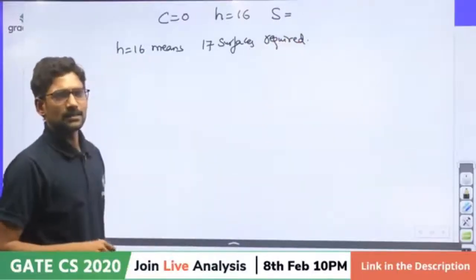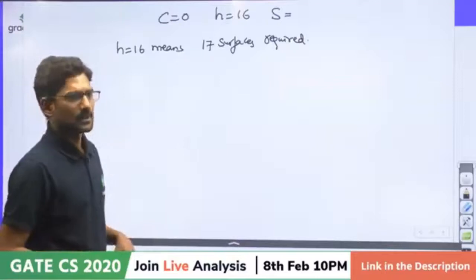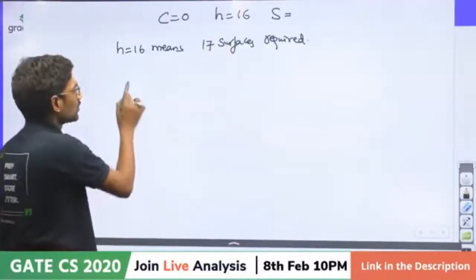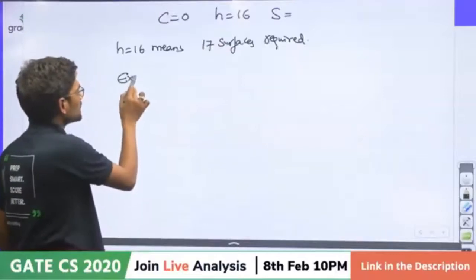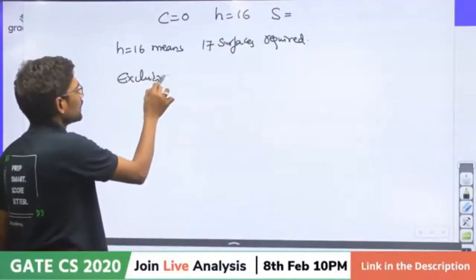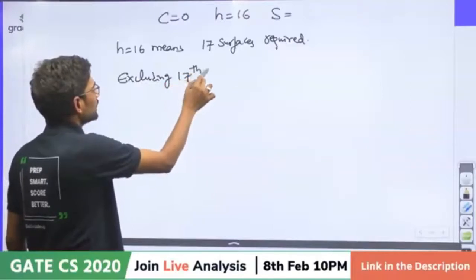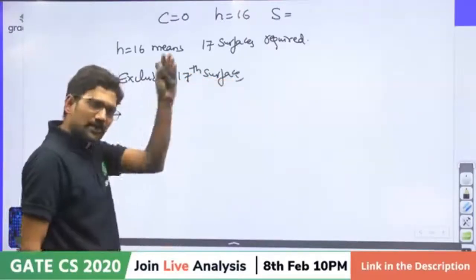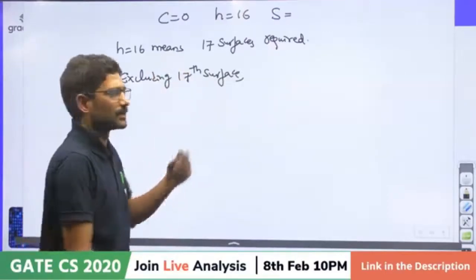Our sector is on the last surface, which means the 17th surface. So, excluding that last surface, its previous surfaces are how many? 16.